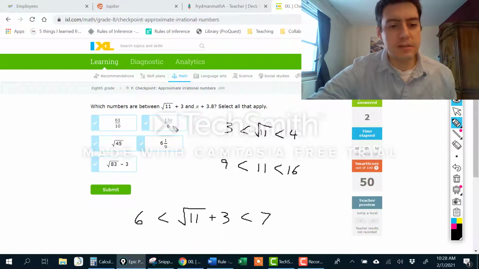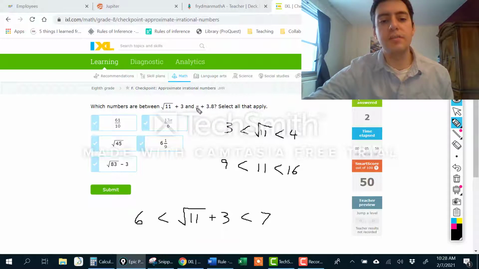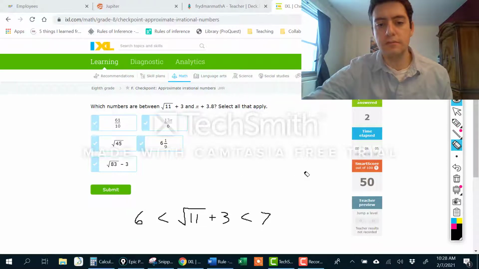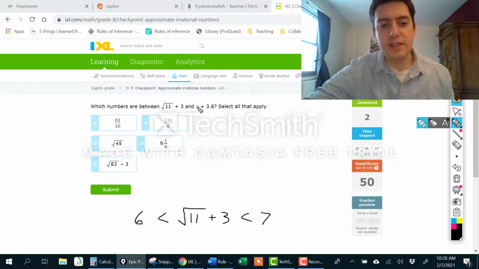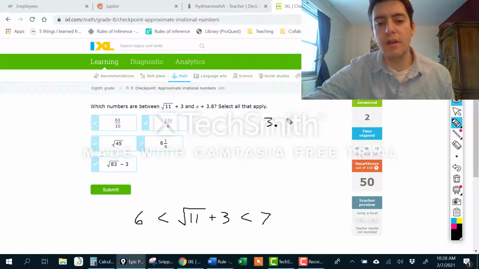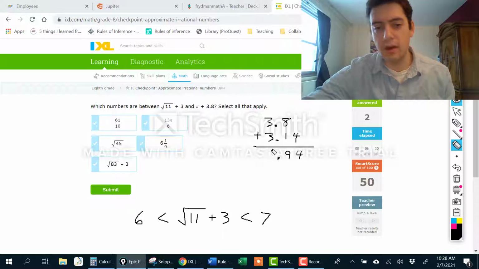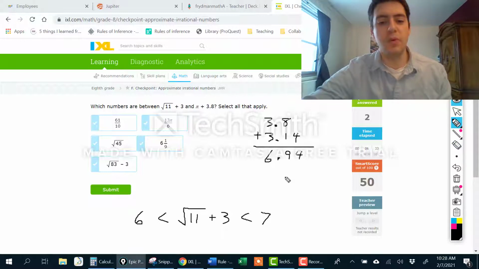And then I also have to do pi plus 3.8. I know that pi is a little bit more than 3. Let's use 3.14. Let's just go ahead and add these two: 3.14 plus 3.8, so it's about 6.94.